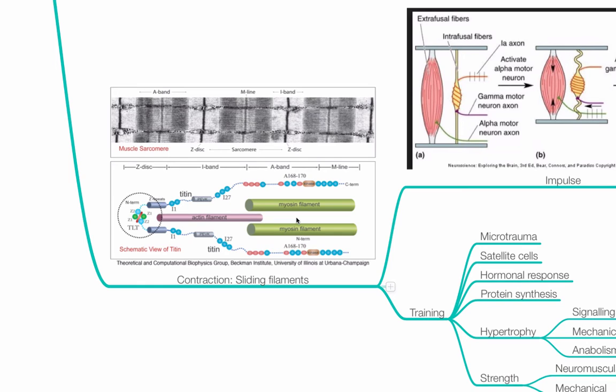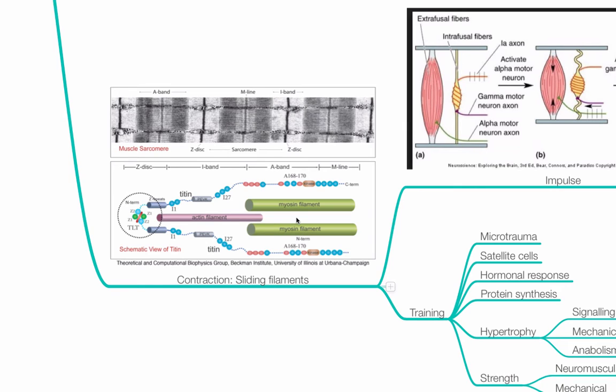This process is influenced by conscious and unconscious control, with postural and balance control from the cerebellum, and that's mediated by a cellular store of calcium called the sarcoplasmic reticulum.